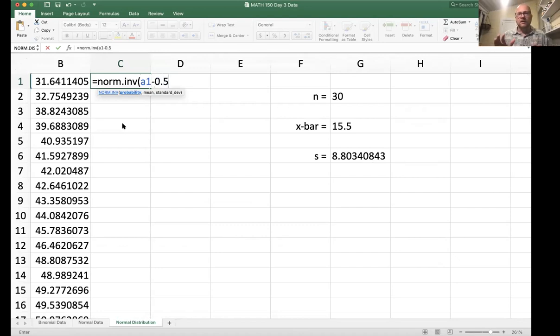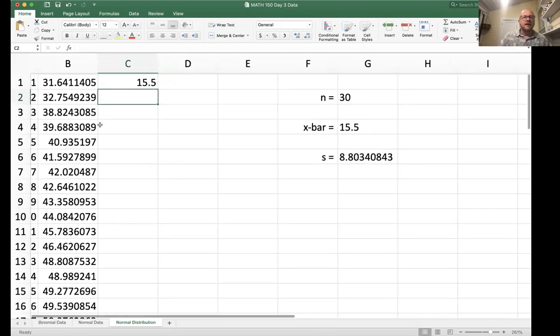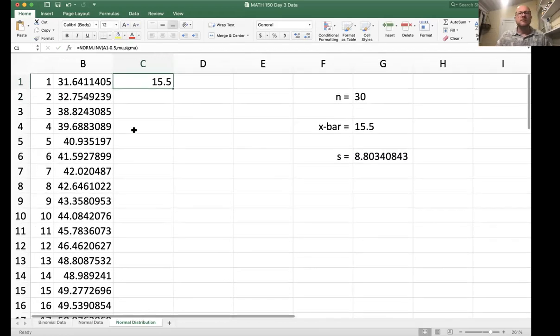I'll talk about why you subtract that here in a minute. Comma, and then we want to have a mean, which is the mu that we've just determined. The mu that it determined can't be right. We'll go fix that in a minute. And the mu of that and the sigma that is coming from that, right? And so it randomly produced there.